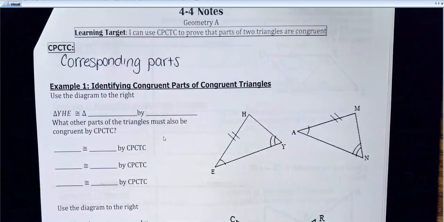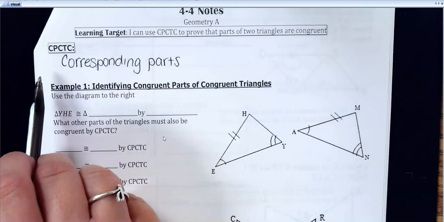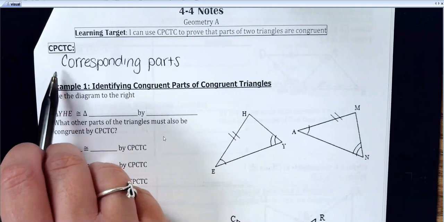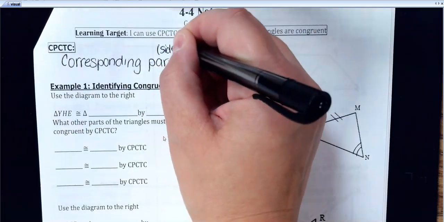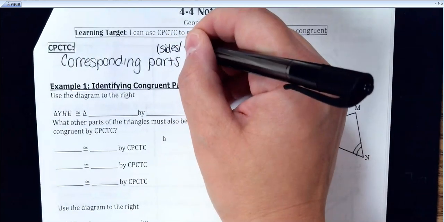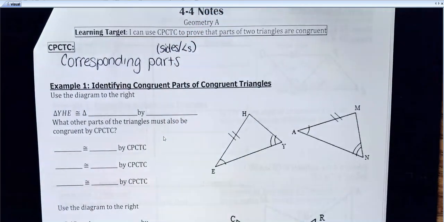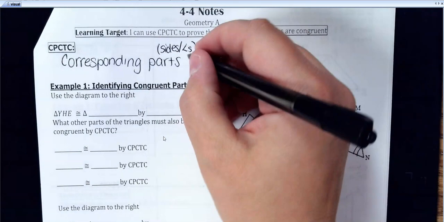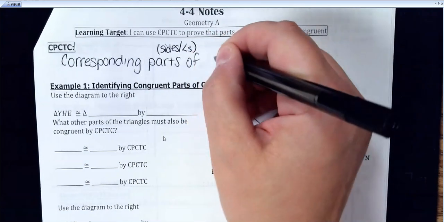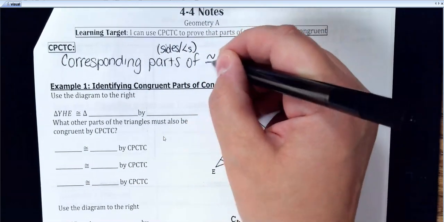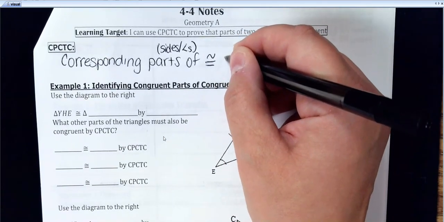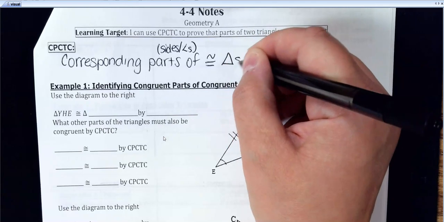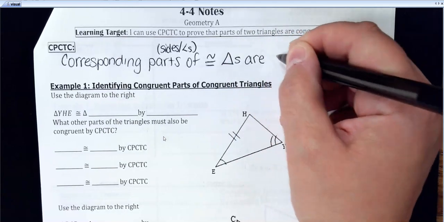Okay, so it's like every other letter is C. So it's corresponding parts. Now, when I say parts, we're going to be talking about either a set of sides or a set of angles, one of the two. And so corresponding parts of, and I'm just going to use the symbol for congruent, and I'm also going to use the symbol for the word triangle. So corresponding parts of congruent triangles are congruent.